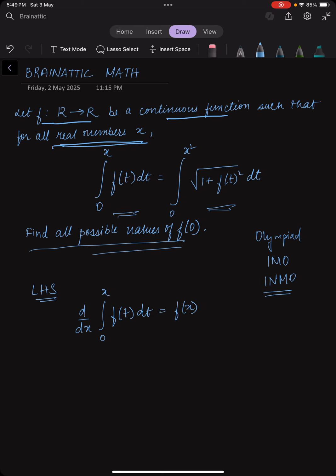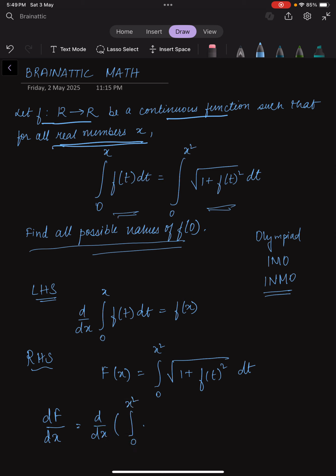Okay, and on the right hand side, if I do the same, the right side is the integral from 0 to x^2 of square root of 1 plus f of t whole square dt. So if I take the derivative, f of x is equal to d/dx of this expression.